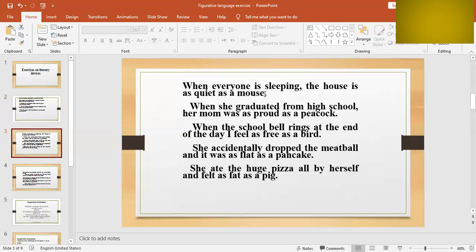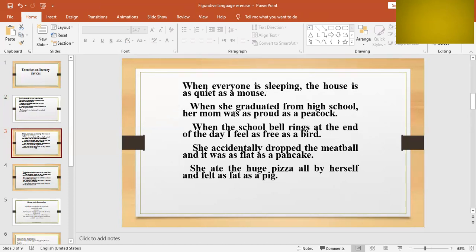You know, when a mouse stays in a place, it does not make any noise. So you cannot feel that there is a mouse here if you don't see it. So, as quiet as a mouse, it is a famous expression. It is very quiet and very calm.